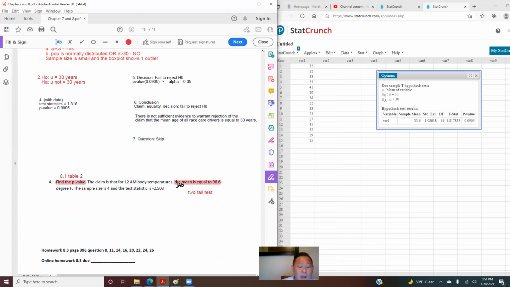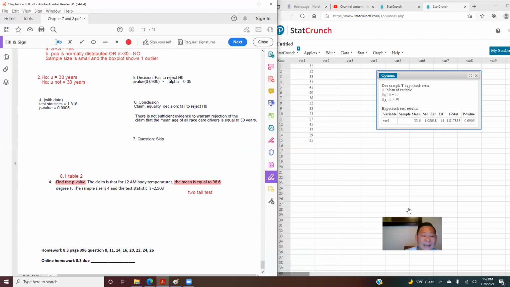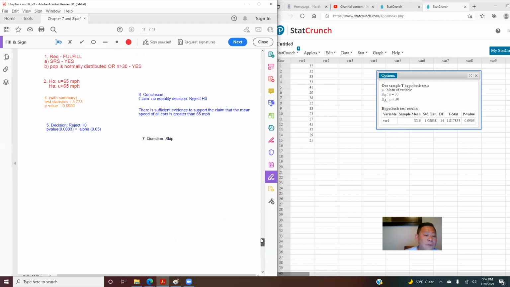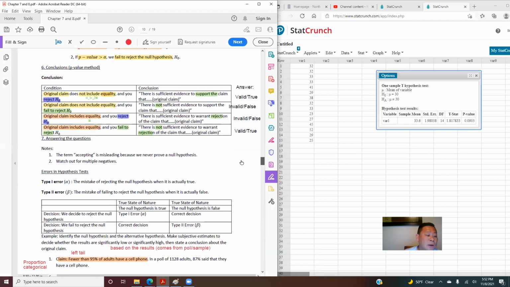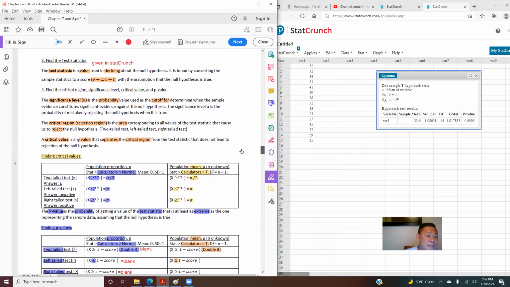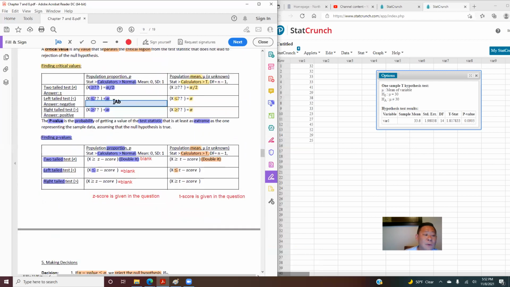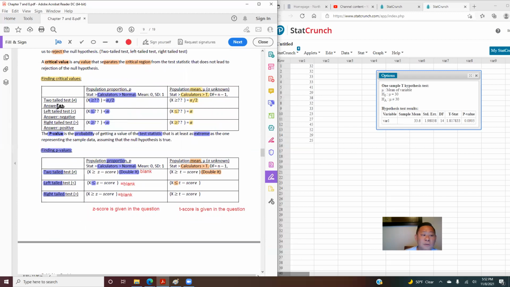Okay, and we are talking about the mean. Now I'm going to show you what the 8.1 table 2 looks like. If you have your notes, scroll to 8.1. So 8.1 is this, and we've got two tables, table 1 and table 2. Table 1 is to find critical values.